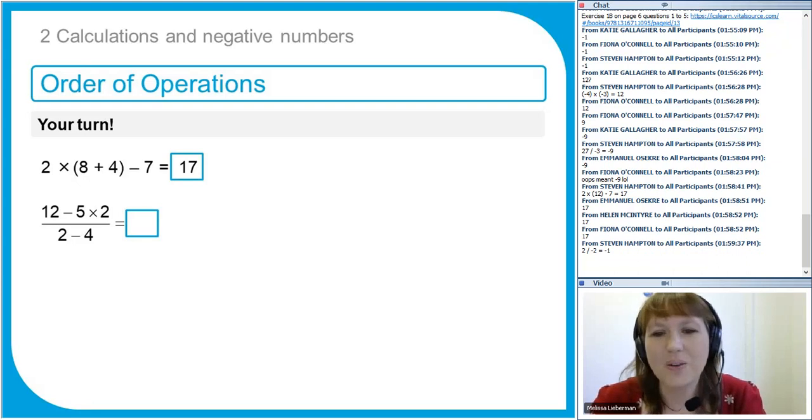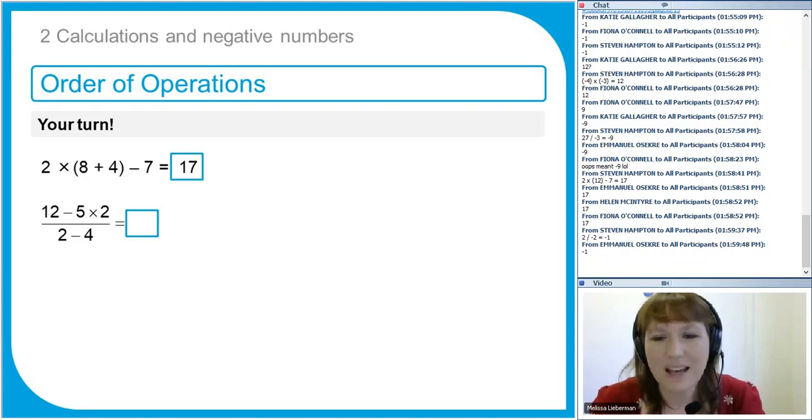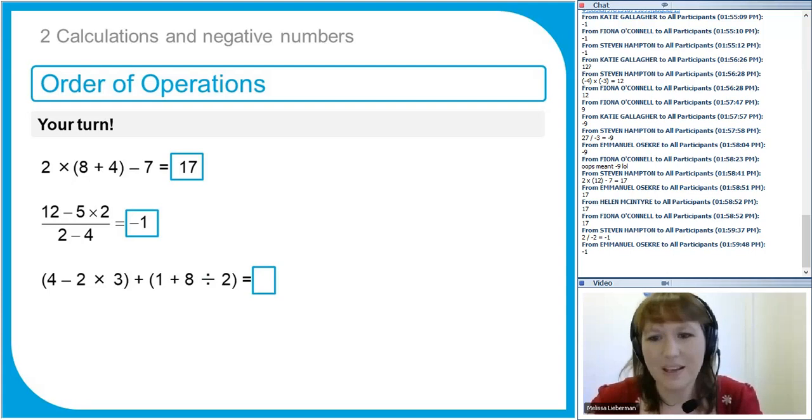So 12 minus 10 is 2. And then 2 minus 4 is minus 2. So 2 divided by minus 2, minus 1, or negative 1. Perfect, good. So we've got the same number top and bottom, but because the signs are different, the answer is negative.